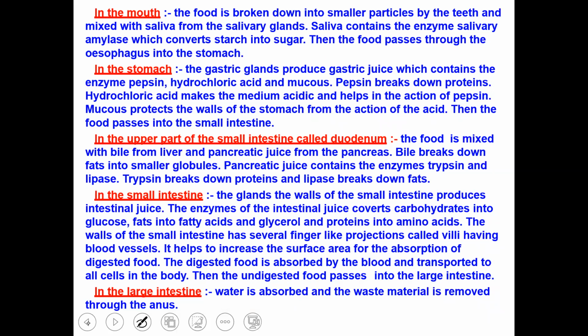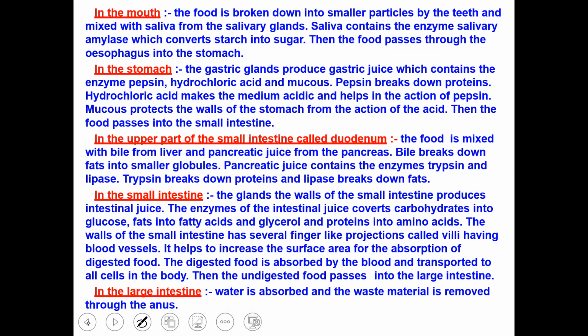So here we have to concentrate on, in the mouth, partial carbohydrate digestion takes place, where salivary enzyme, salivary amylase, is present. In the stomach, pepsin will break down the protein. In the small intestine, carbohydrate digestion takes place by pancreatic amylase. Bile juice will be involved in breakdown of fat globules into smaller globules.